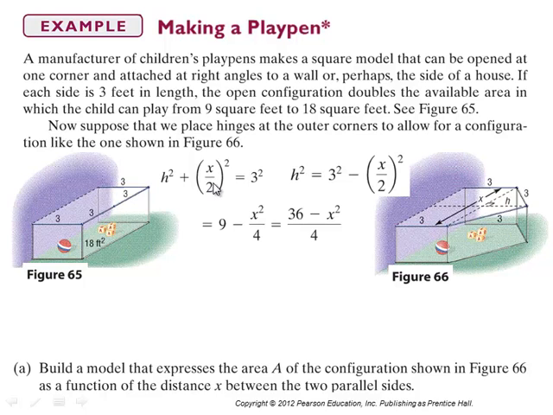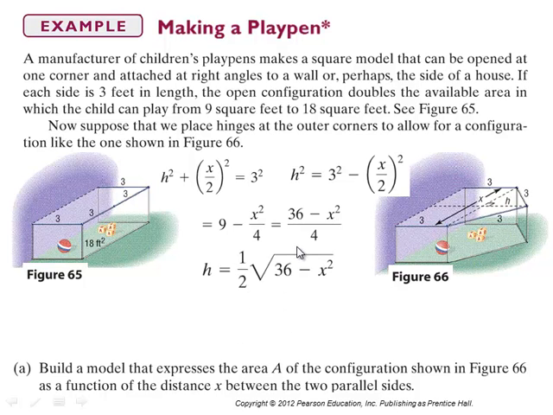So then we could actually solve this equation for h. We can move that (x over 2) squared over to the right-hand side by subtraction, and then simplify. You could write 3 squared as 9, rewrite 9 as 36 over 4, so that this whole expression becomes h squared is equal to (36 minus x squared) over 4.